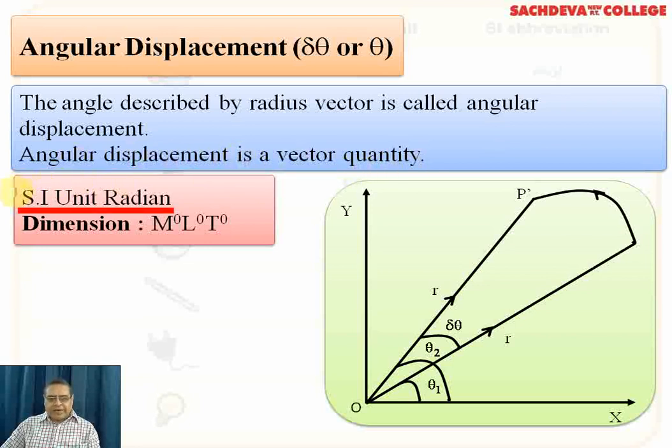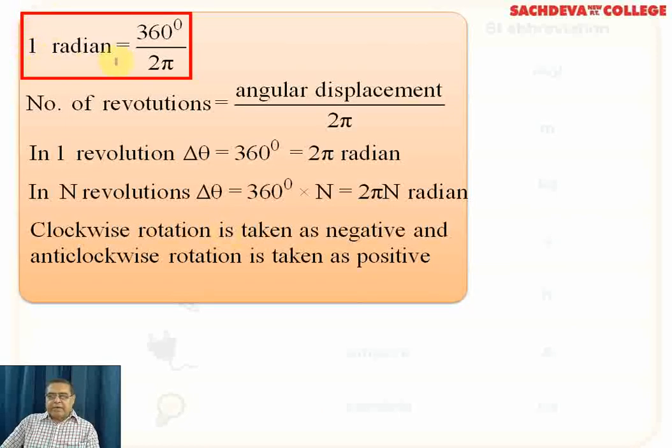The SI unit is radian, and the dimensions of angular displacement are M naught L naught T naught, that is, it is a dimensionless quantity. 1 radian, according to trigonometrical calculations, will be 360 over 2 pi, because 360 degrees is 2 pi radians, so it will cancel off and become 1 radian.